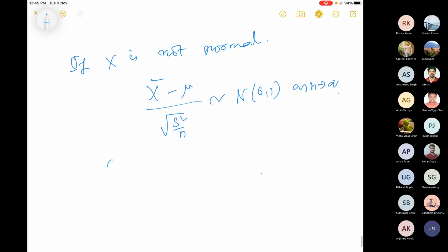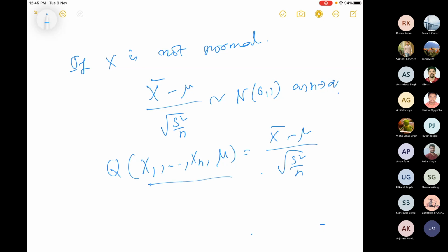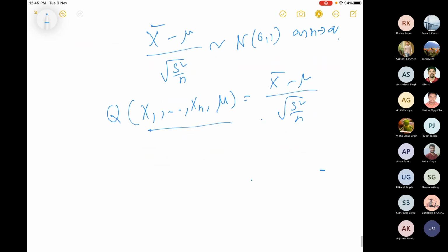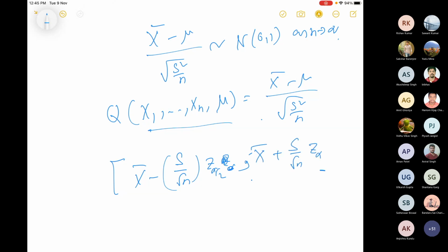And then the pivotal quantity, the pivot, for mu will be (X bar minus mu) by square root of S square by n. So this is a function of X1, X2, ..., Xn and mu. And sigma is not needed because sigma is unknown. Here, if I derive similarly, the confidence interval will be this one, because this is normal: X bar minus S by square root of n times z alpha by 2, comma, X bar plus S by square root of n times z alpha by 2.